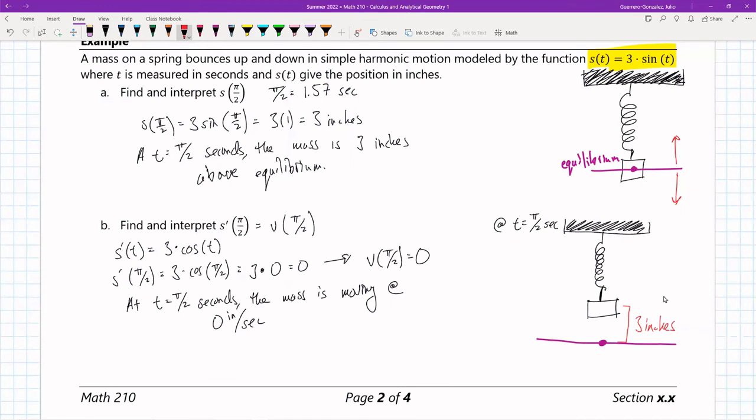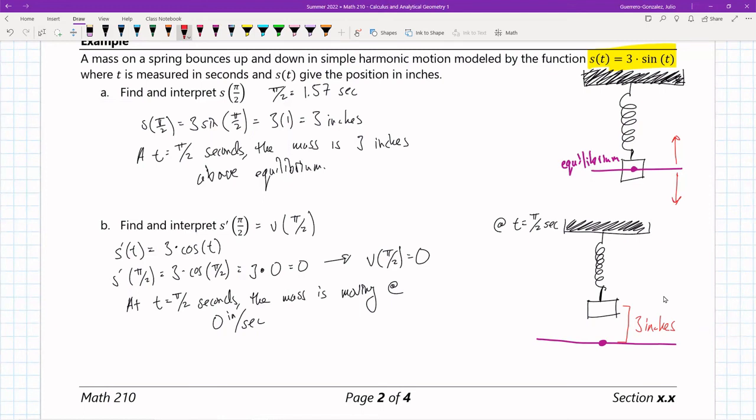If you think about it, if it moved to that point, the velocity was positive, it was moving upward. And same definition, if it's dropping, the velocity is going to be moving downward, so the velocity is going to be negative.